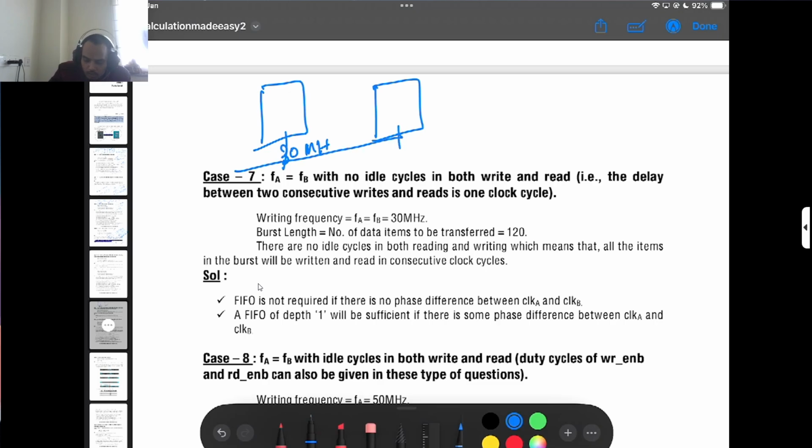But the thing is, in reading and writing in the burst, data will be written and read in consecutive cycles. So the delay between two consecutive writes and reads is one clock cycle.